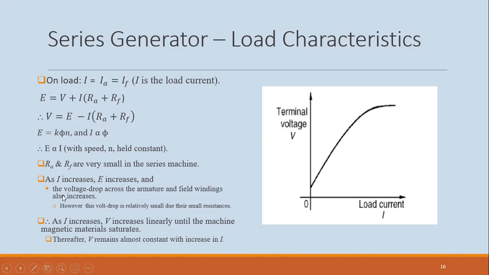But these are very small, so the voltage drop is relatively small. So as I is increasing, E is also increasing, and so we have this linear action until you reach saturation.